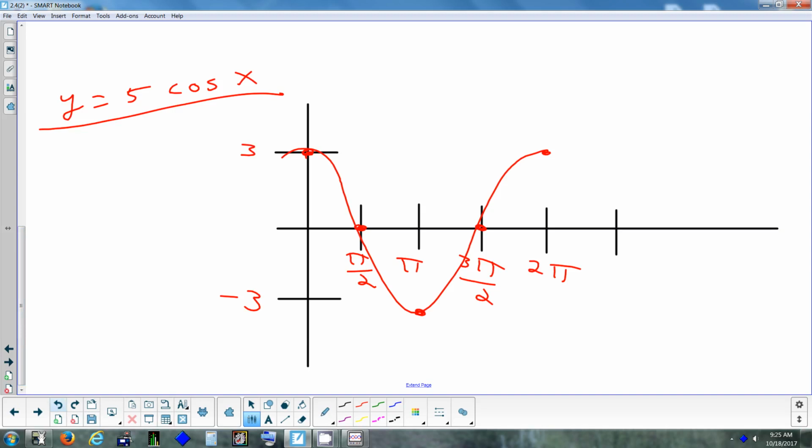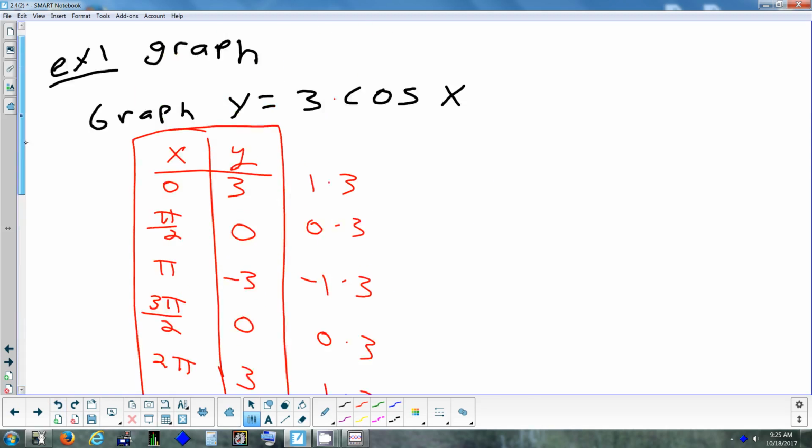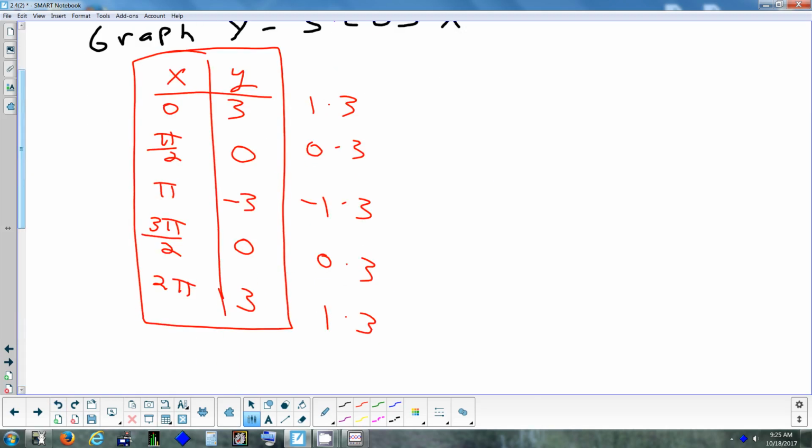Okay. And Connor, did that stretch the graph, or did that compress the graph? Think about how high and low does the original cosine function go? Yeah, because right, the original cosine function only goes 1 to negative 1. This goes 3 to negative 3.